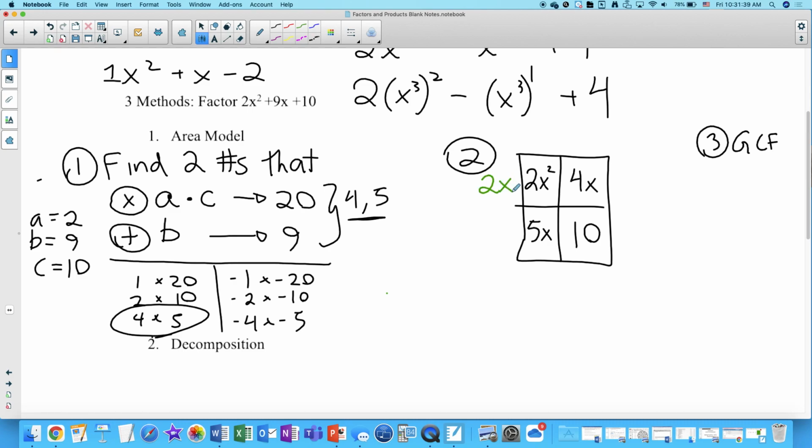Okay, so this is the GCF. Now if we factored out a 2x from 2x squared plus 4x, well, what would we have to multiply 2x by to get 2x squared? Yeah, so I'm going to put an x there. Then x times 2x gives me the 2x squared. What would I have to multiply 2x by to get 4x? Yeah, 2.